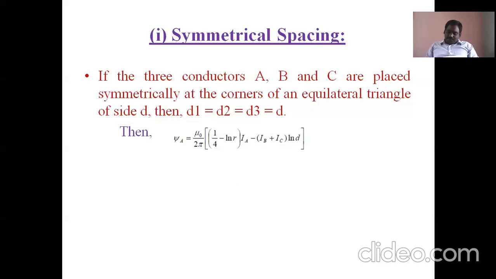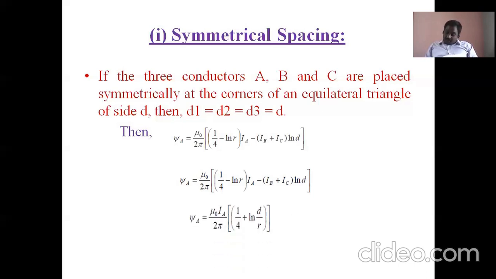So then the final equation is Ia into minus Ib plus Ic natural logarithm of d. Finally psi a is equal to mu naught by 2 pi, 1/4 minus natural logarithm of r into Ia, minus Ib plus Ic natural logarithm of d. We know the value of minus Ib plus Ic. What is that? Ia, which we already defined in the previous slide.